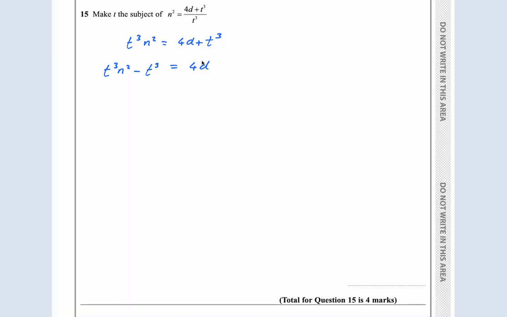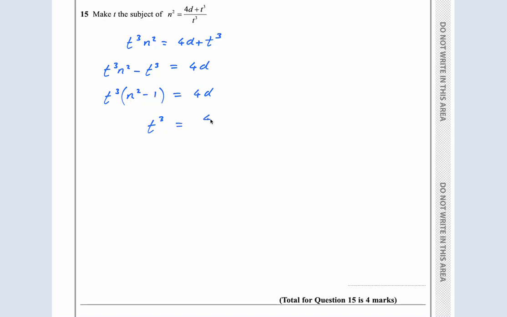Then, this is probably the trickiest step, I factorize the t cubed. Take out the t cubed, and I'm left with n squared minus 1, because there's one t cubed here, and there's an n squared there, equals 4d. Then I get t cubed on its own by dividing both sides by n squared minus 1.